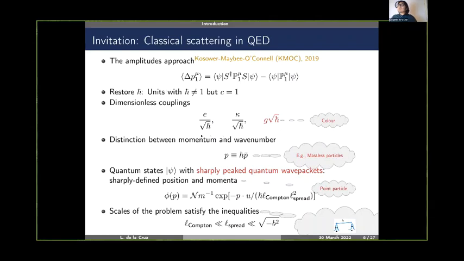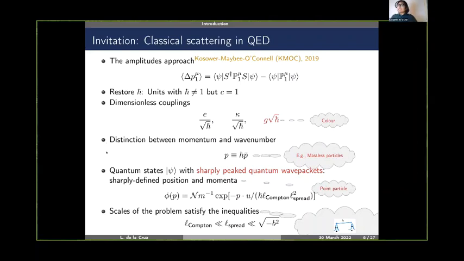The dimensionless coupling for the electric charge now has this factor of 1 over h bar. The same with gravity, and in the case of Yang-Mills, when we include color, the dimensionless coupling is now proportional to h bar. This is going to be important for the case of Yang-Mills, as I will discuss later.